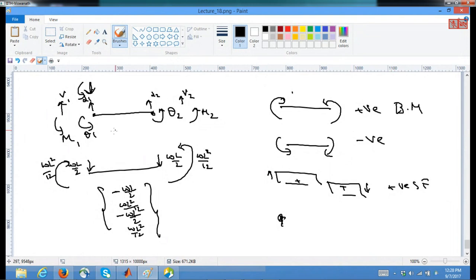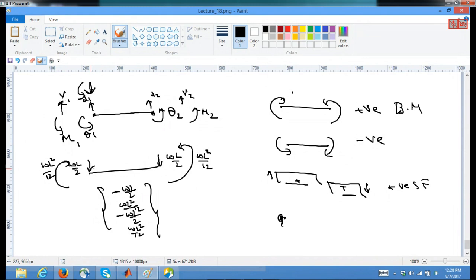Moment, and my degrees of freedom are d1, theta 1, d2, theta 2. You see the sign convention in which I am measuring my degrees of freedom. So its force conjugate, the forces, should also be in the same direction. So this is the force at this place, moment at this place.